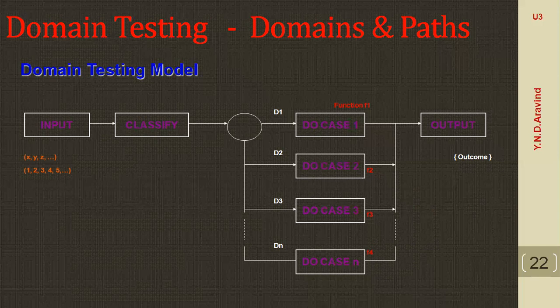The functional difference between adjacent domains is usually simple, such as x plus 7 versus x plus 9, rather than x square versus 2 power x. So x plus 7 and x plus 9 can never be equal for the same value of x. But x square and 2 power x are the same for x equal to 2, even though they are two different functions.